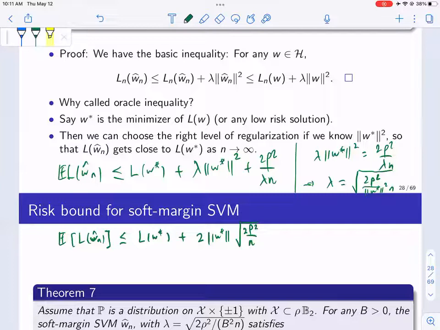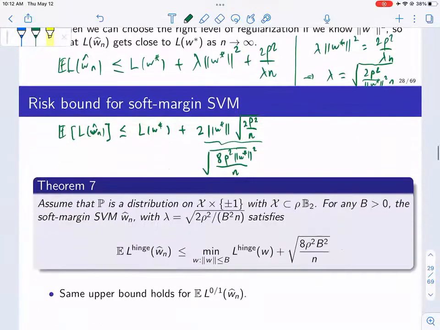Basically it would be root 8 rho squared W star squared over n.